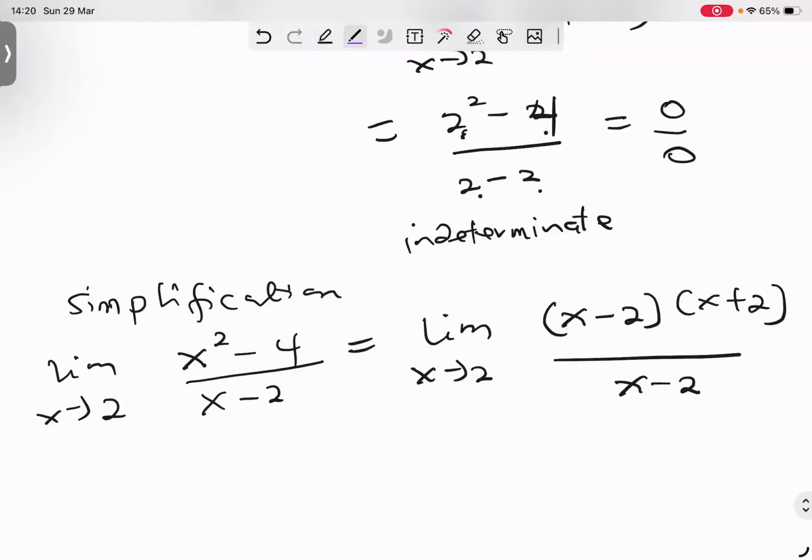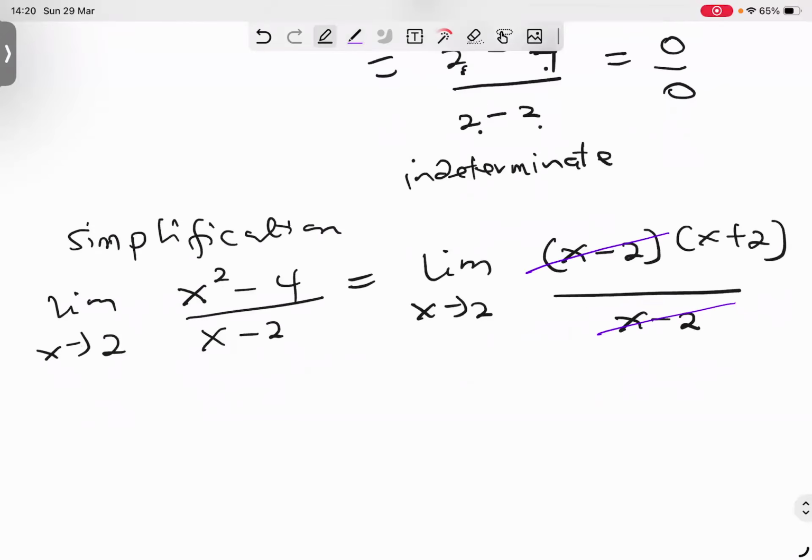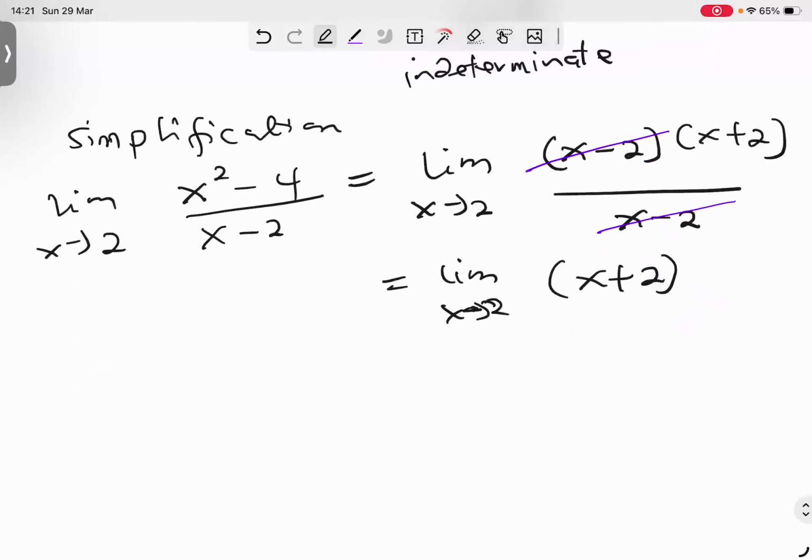Now, can we cancel some terms out? Yes, we can. We have x minus 2 and x minus 2. They go away. Now I have x plus 2.